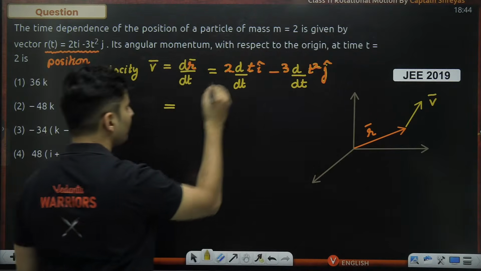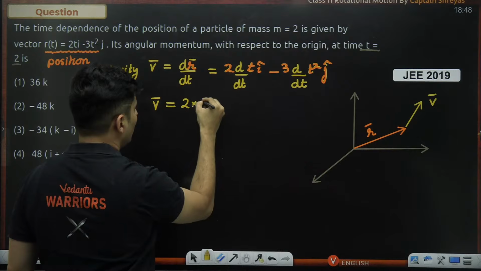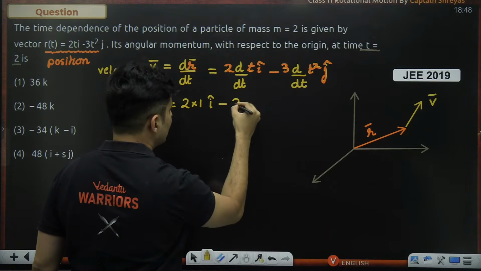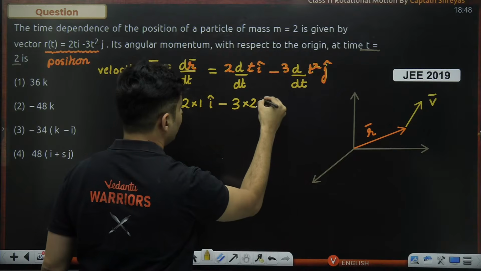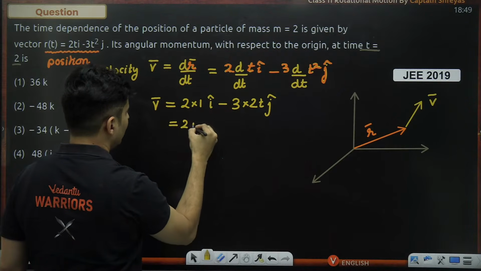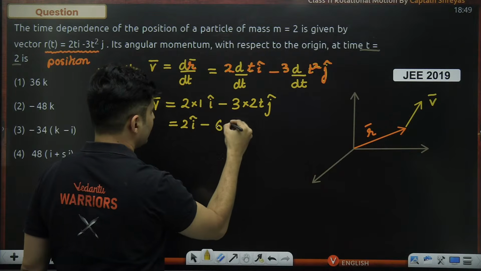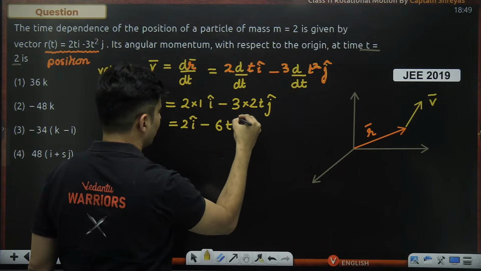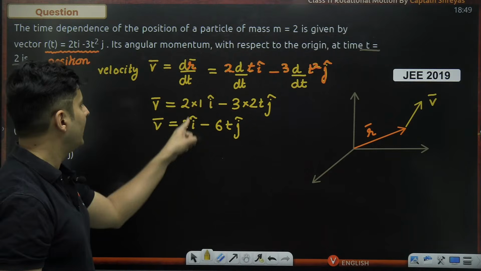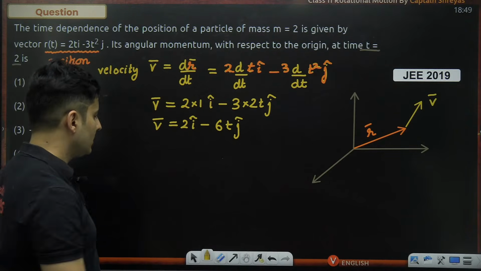I've taken two terms. 2 into 1, the derivative of t is 1. This will be i cap minus 3 t square's derivative, which will be 2t. This will be j cap. So this is nothing but 2 i cap minus 60 j cap. See if this is fine. 2 i cap minus 60 j cap.